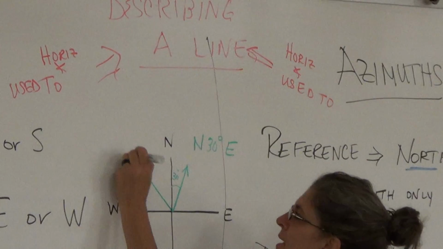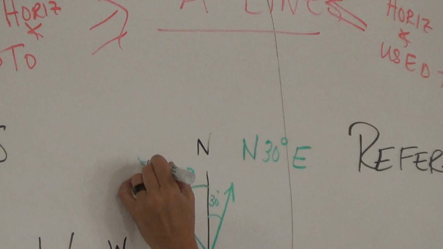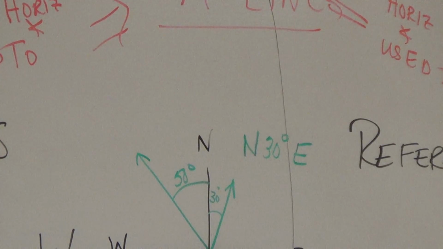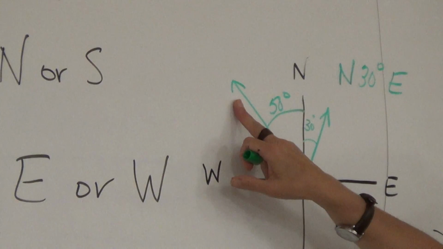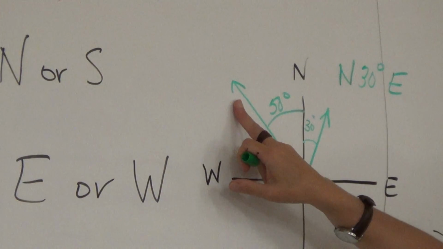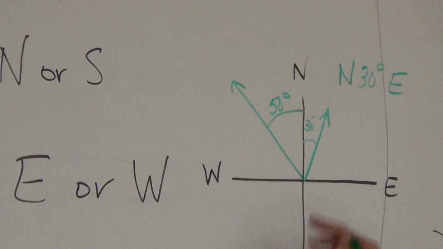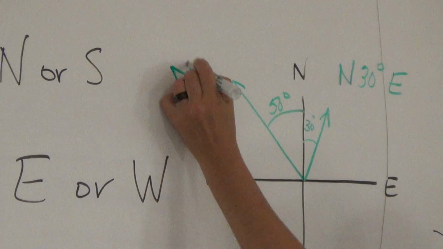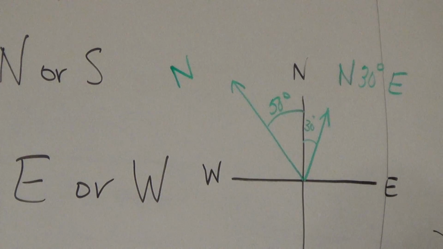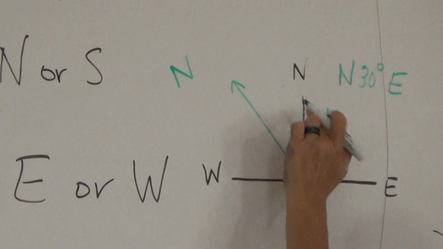So let's say we had this one that's 50 degrees. What would this bearing be? Is it coming from the north or coming from the south? Remember, the angle can only be between 0 and 90. So is it closer to the north or the south? North. Is it going east or west? Actually, can we change this?